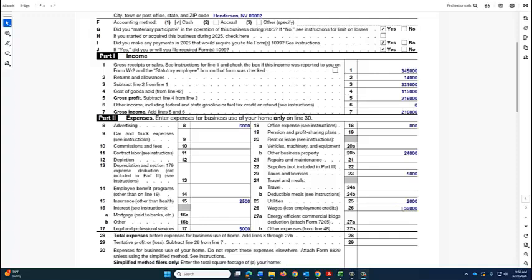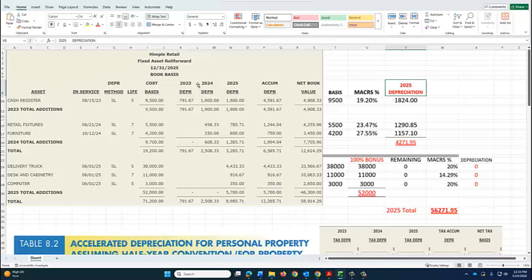Now the figure that we need to work on calculating is this depreciation figure here. We'll take a look at the depreciation schedule that the bookkeeper provided. I've copied it into a spreadsheet so that we can see the depreciation calculations.